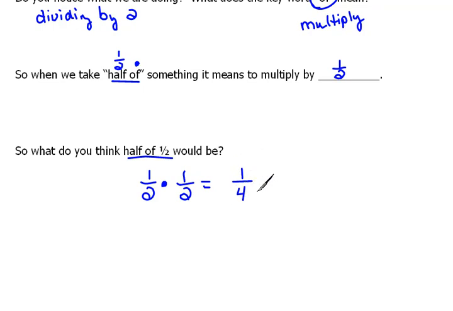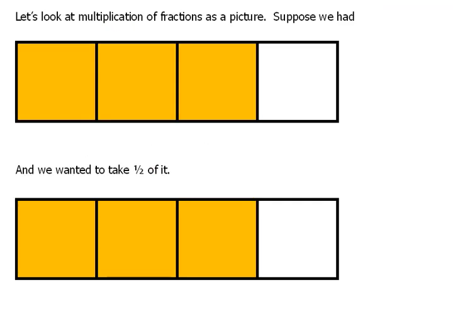Okay, let's do just a little bit more exploration before we get into the rules. Let's look at multiplication of fractions in picture form. Let's say that we had this picture. How many of these are shaded compared to the whole? Well, we would have 3 out of 4 that are shaded here. True? Okay. What if I wanted to take half of that?